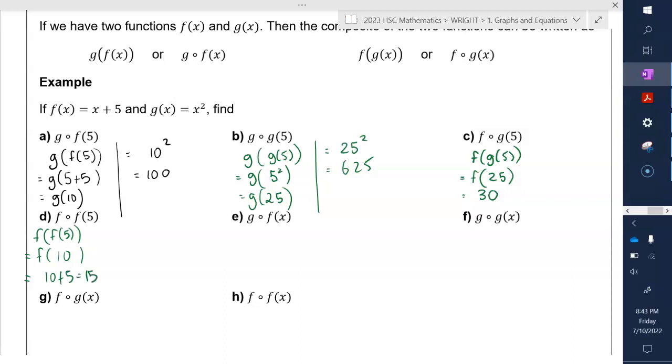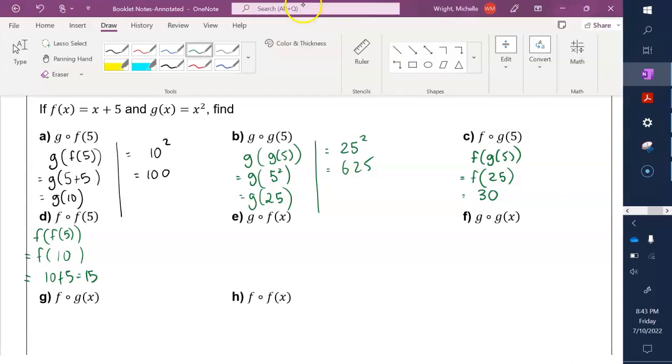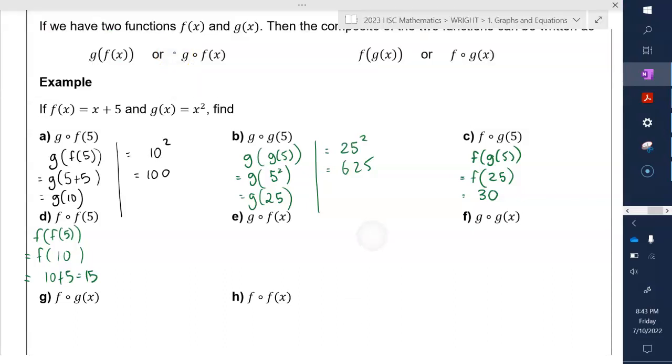Okay, let's keep going. E, g of f of x. We might change colours just so we don't get confused. G of f of x is written also like this. You don't need to write it this way if you don't like it, you can stick with this. I generally prefer to see it this way. G of f of x is g of, what's f of x? F of x is equal to x plus 5. So we have a g of x plus 5 here.